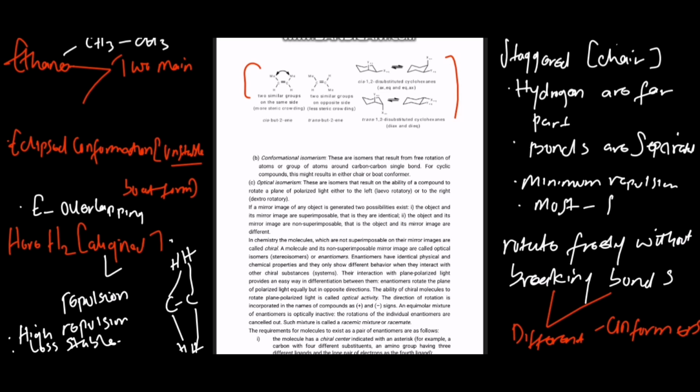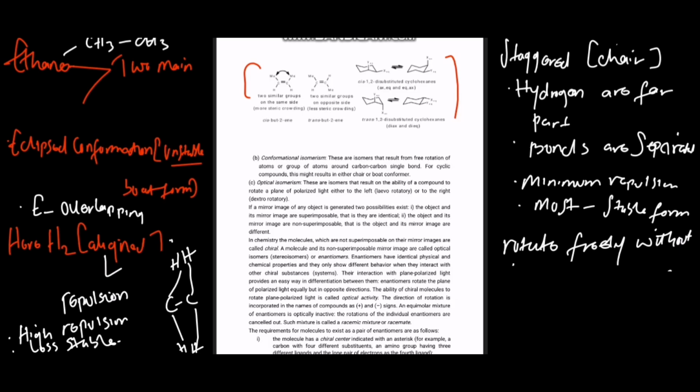It is the most stable form. Look at the structure. It looks something like this. The bonds are far apart. It has minimal repulsion, and the bonds are separated.